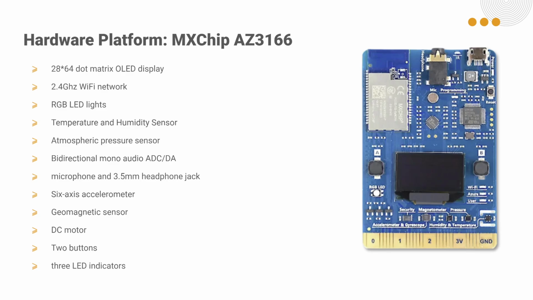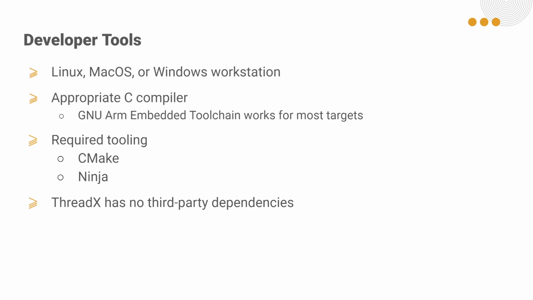There's even a headphone jack over there, accelerometer, geomagnetic sensor, etc. So it's a fully featured board, chock full of things that you can use to build an exciting project for the hackathon.